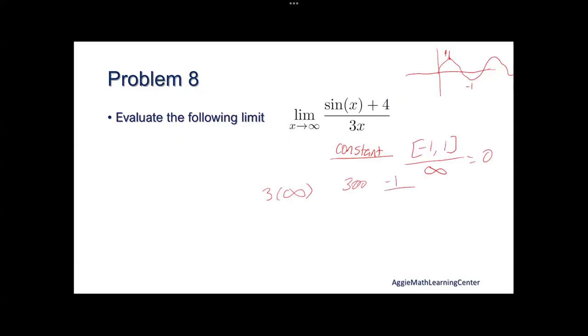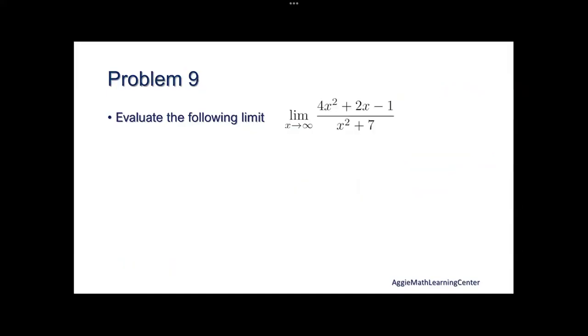And then at that point, we're going to have 900 in the bottom. Is -1/900 pretty darn close to 0? Yeah. So the solution is 0 because we're going to have some pretty stable constant up top and then some wacky large number in the bottom.